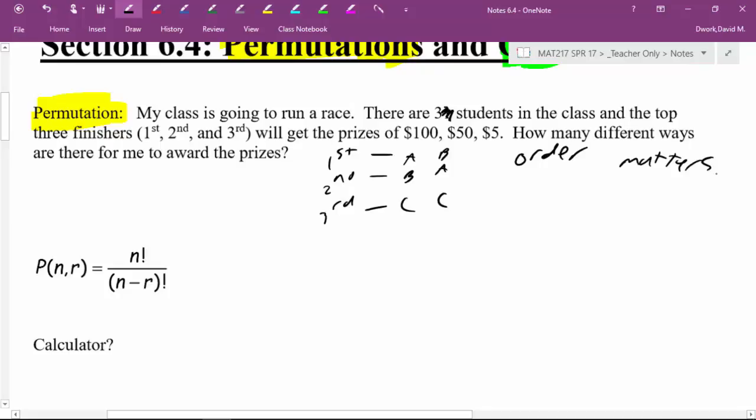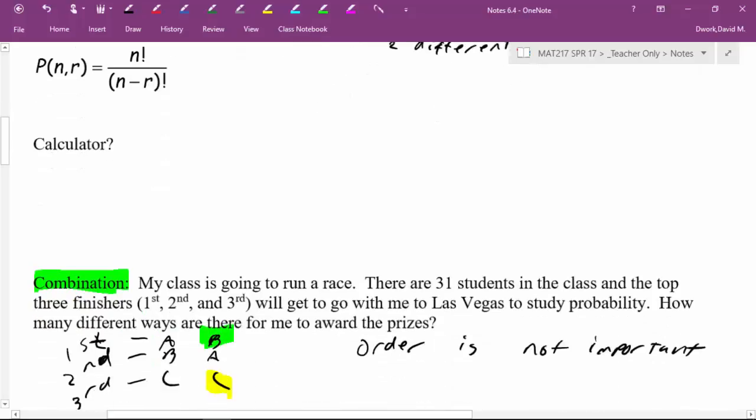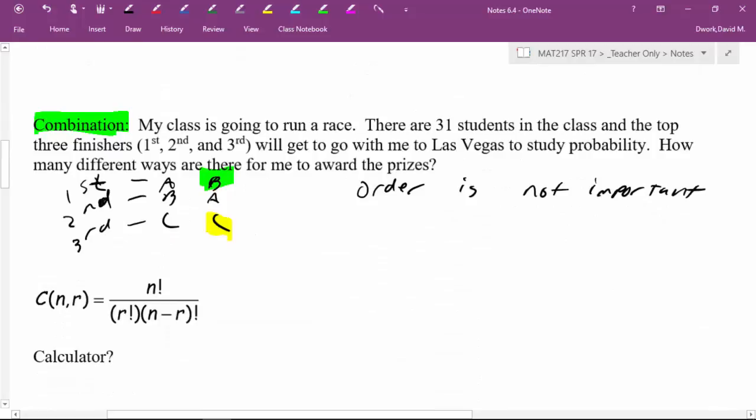So when we say how many different ways are there of counting up my outcomes, what we're saying here is ABC or BAC are two different outcomes. These are different because they have different results. Whereas with a combination, we're saying we don't care, ABC or BAC.